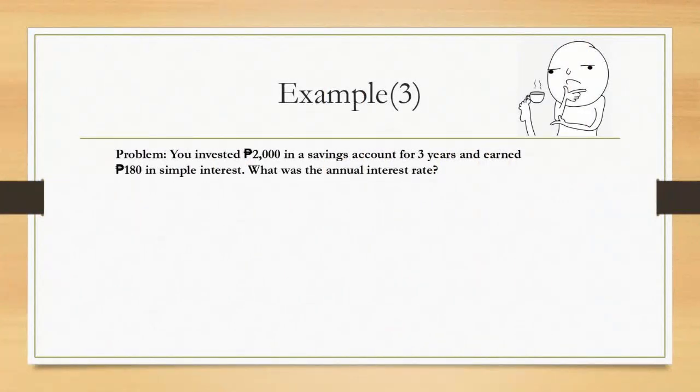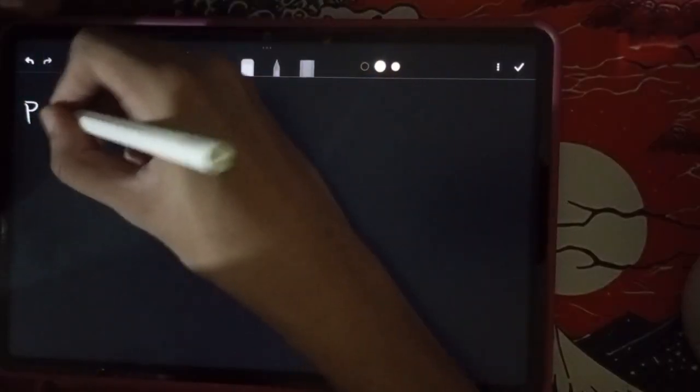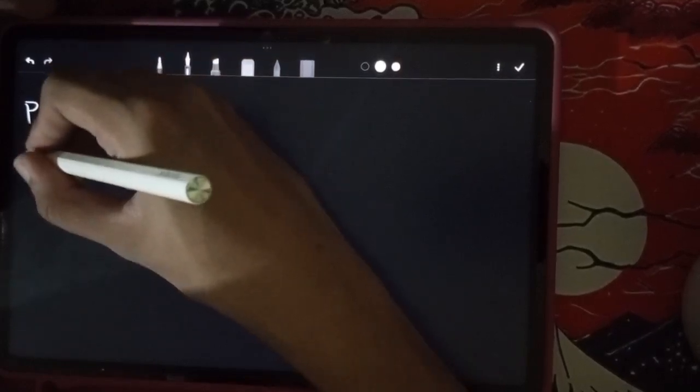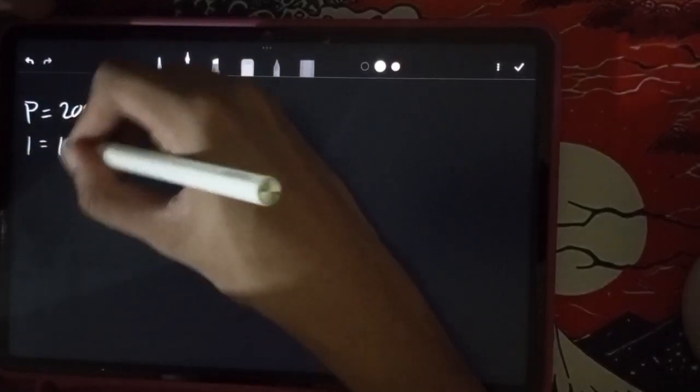Now let's move on to the other one. The problem is you invested 2,000 in a savings account for 3 years and earned 180 in simple interest. What was the annual interest rate? So here we're gonna find the interest rate. Now we're putting the principal first: 2,000.